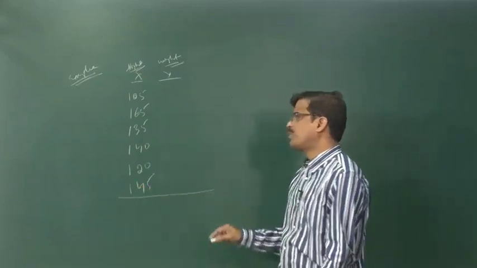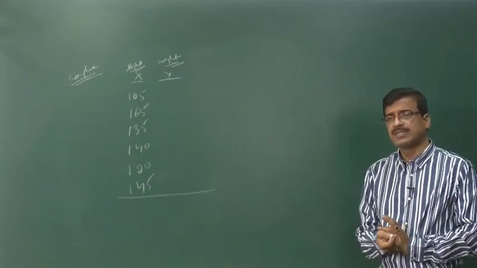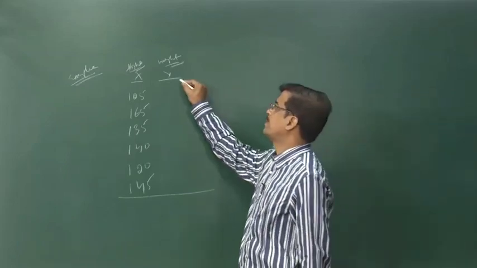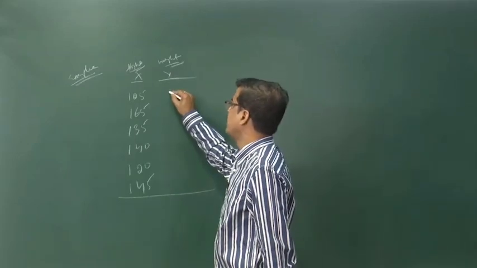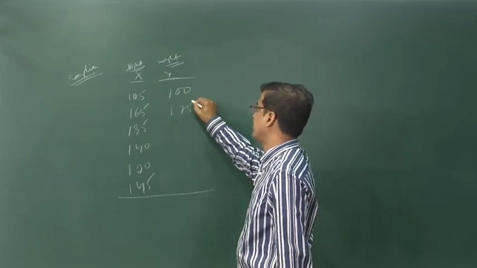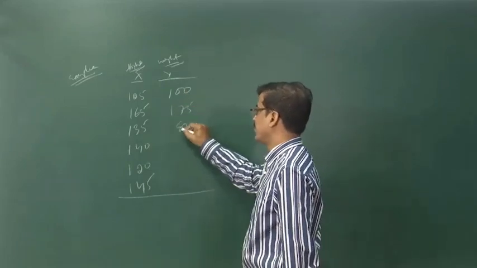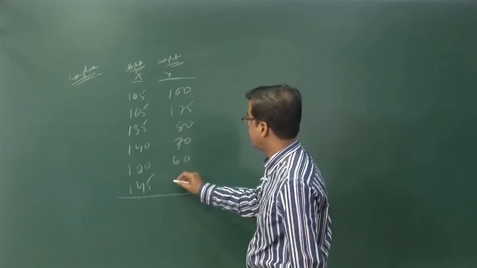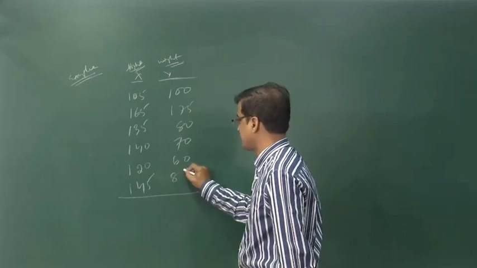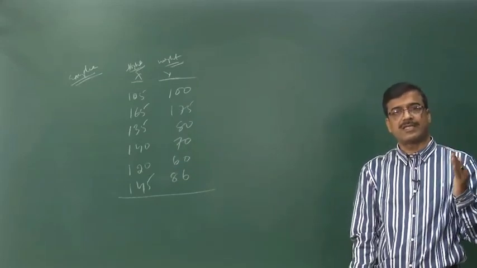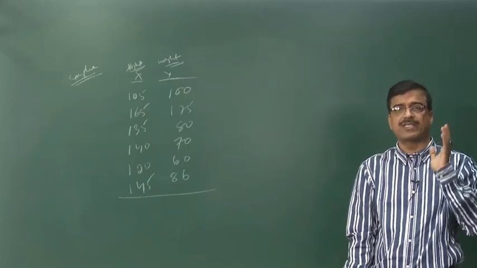These are the 6 persons' heights, and corresponding to the heights we take the weights. The weights, let us say 100, let us say 175 kilograms, let us say 80 kilograms, 70 kilograms, 60 kilograms, let us say 86 kilograms, right? 6 persons' heights are given, 6 persons' weights are given.